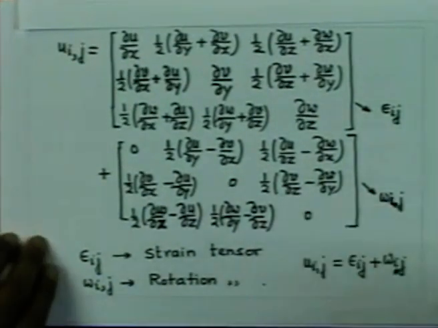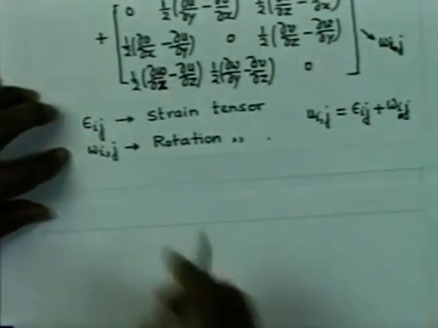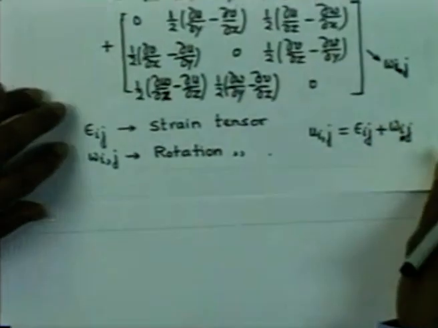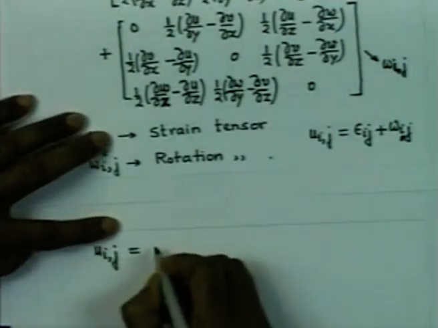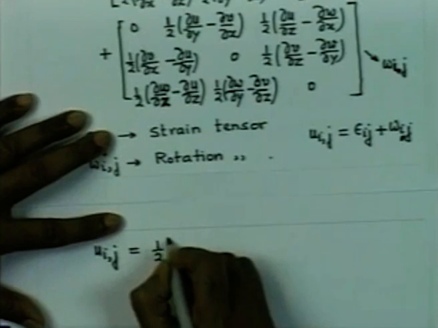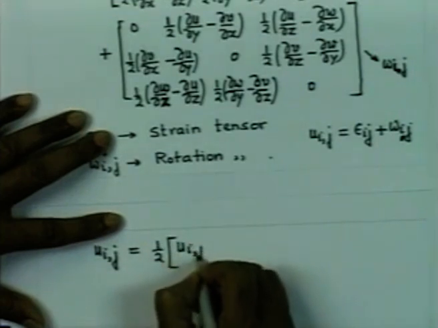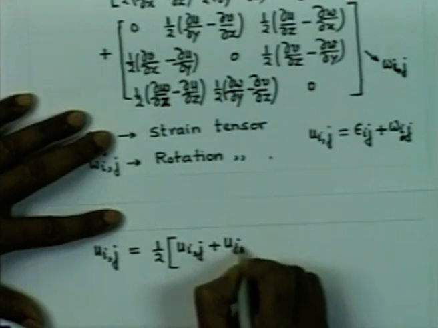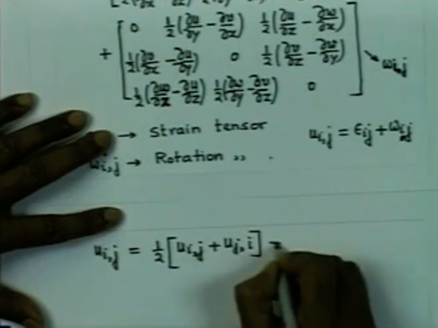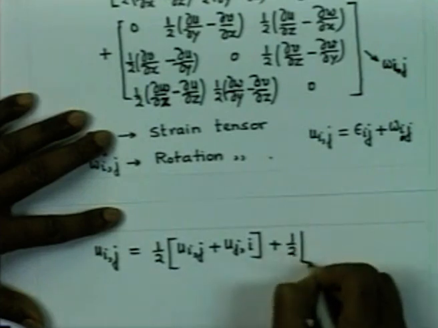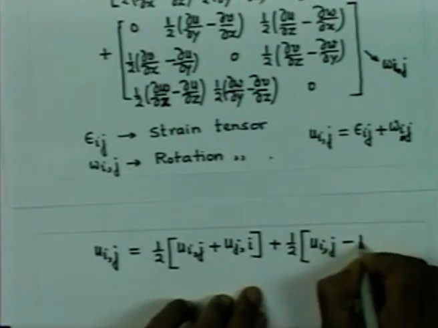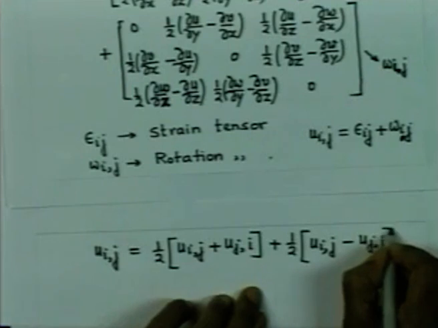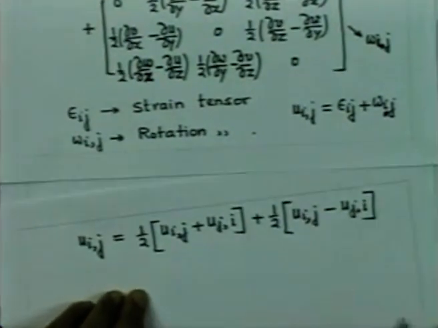Now, this can also be written making use of the tensor relationship. Without detailing it out, we can write it in a very compact form. Uij is nothing but half of (Uij plus Uji) plus half of (Uij minus Uji). So, you now get the strain tensor.